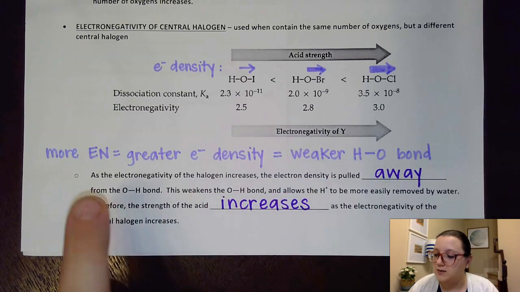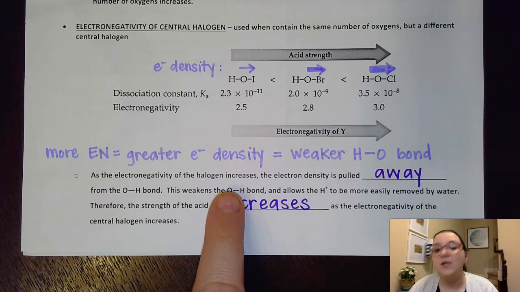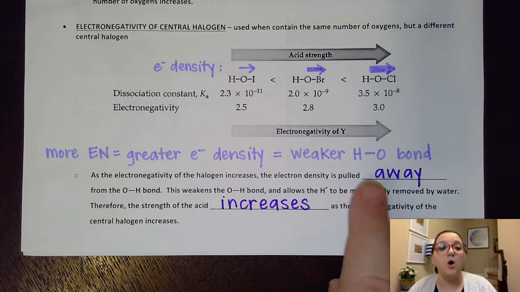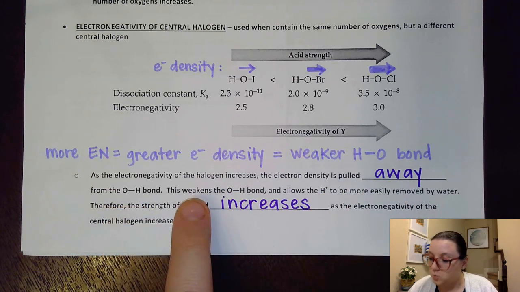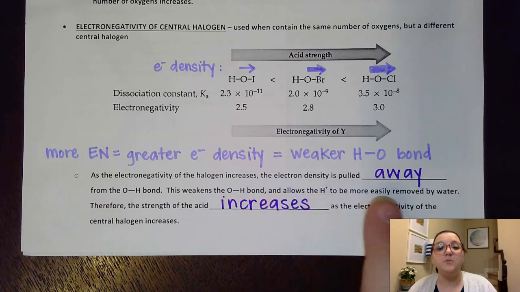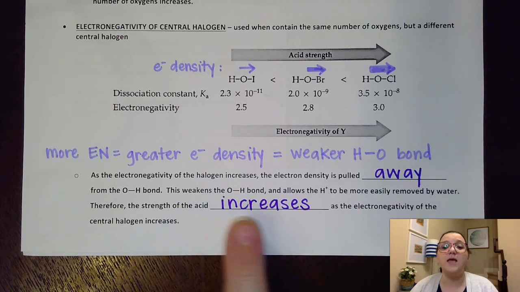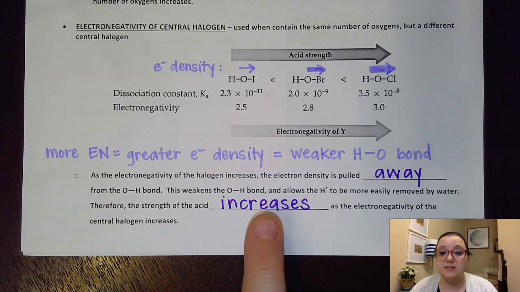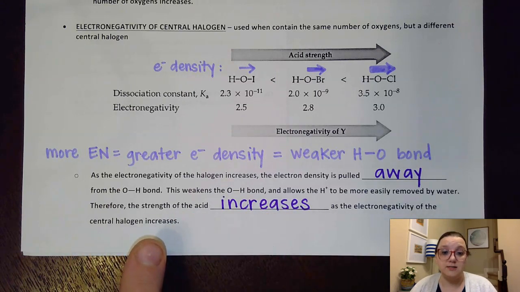So again, to summarize here, as the electronegativity of the halogen increases, the electron density is pulled away from the oxygen to hydrogen bond, which weakens the oxygen to hydrogen bond and allows the hydrogen to be more easily removed by water. Therefore, the strength of the acid increases as the electronegativity of the central halogen increases.